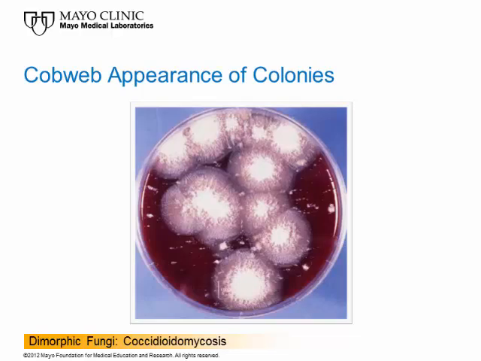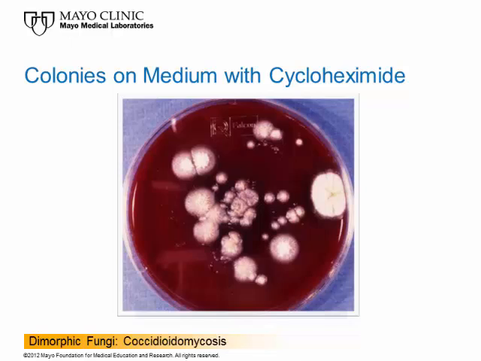This is another example of what we see with Coccidioides, and we kind of refer to these as cobweb type colonies. What happens is the center begins to dome up, and the periphery begins to be more adherent to the agar. If you see a colony like this, it's pretty representative of Coccidioides immitis/posadasii.